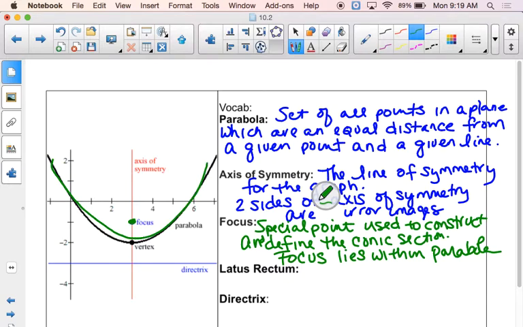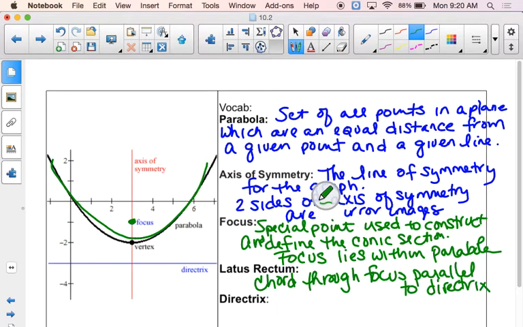The latus rectum is the chord through the focus, and it's parallel to the directrix.